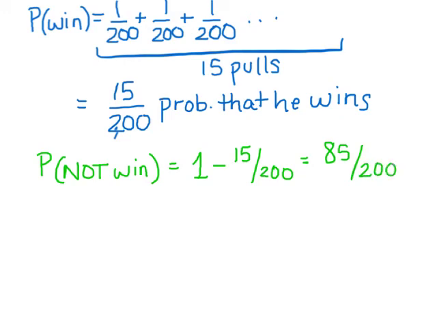If you reduce that down, 185 divided by 200 comes out to be 37 out of 40, not 17.